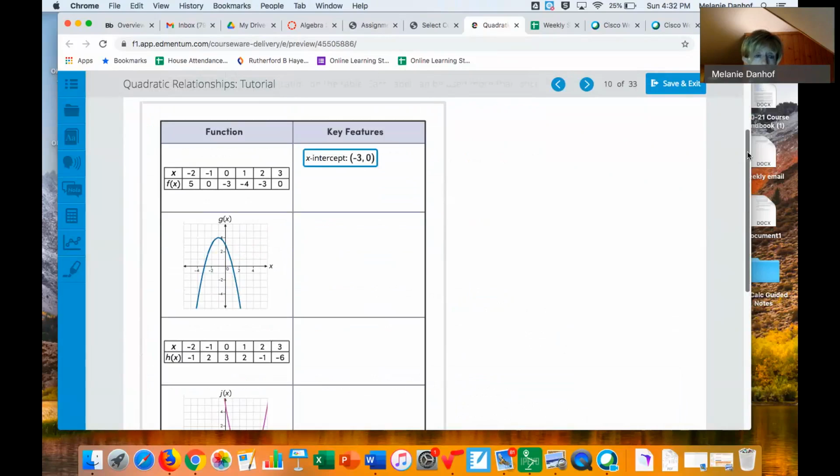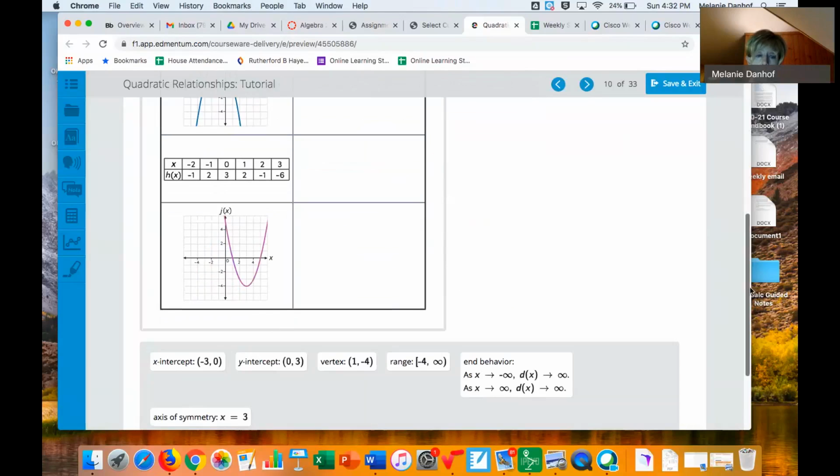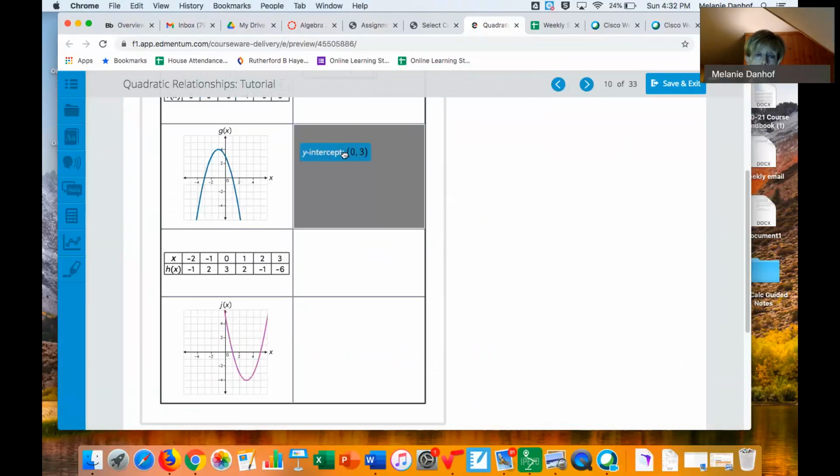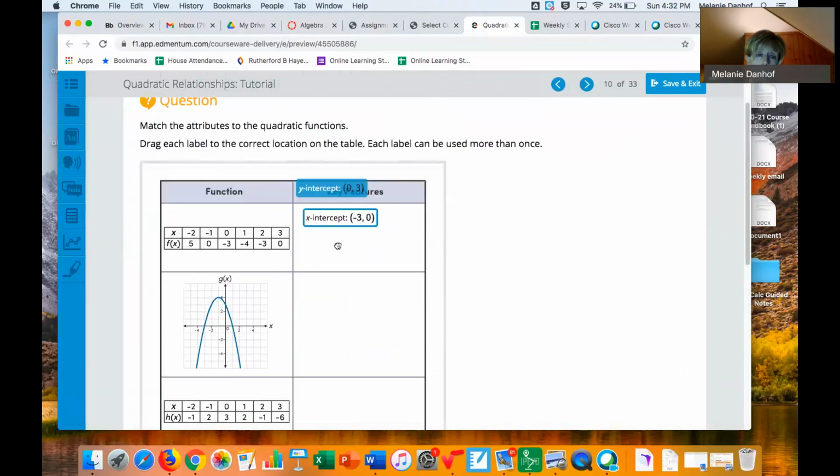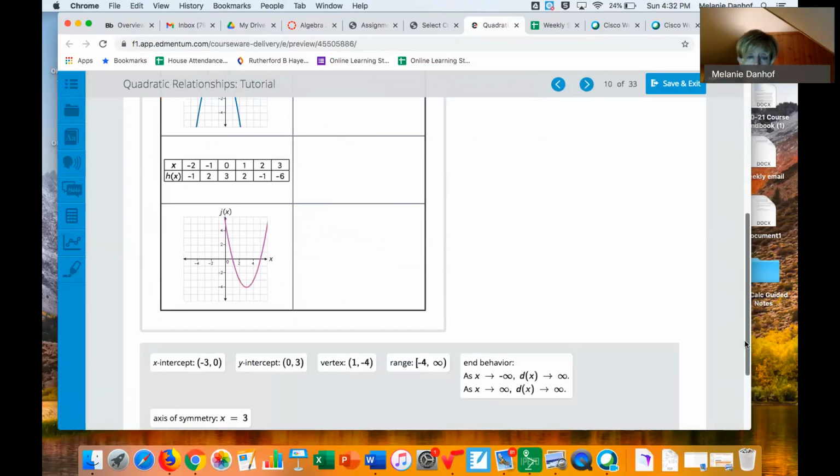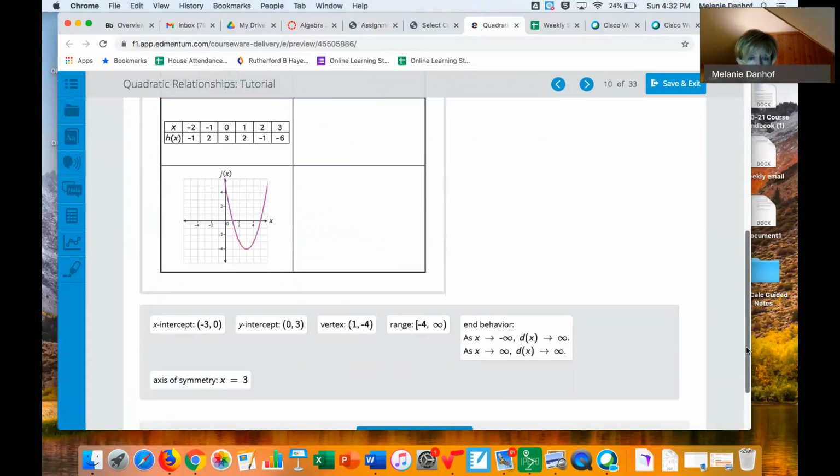A y-intercept. If we look at this graph, where the graph crosses the y-axis is at 1, 2, 3. So 0, 3. Let's see if we've got that. Yep. So we'll pull that up here. And then the range.